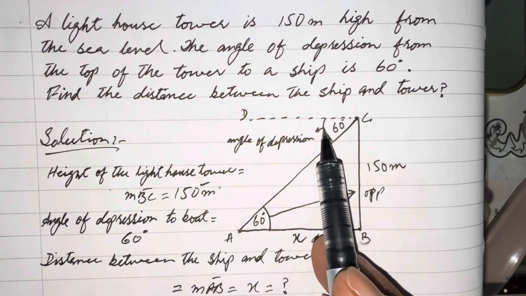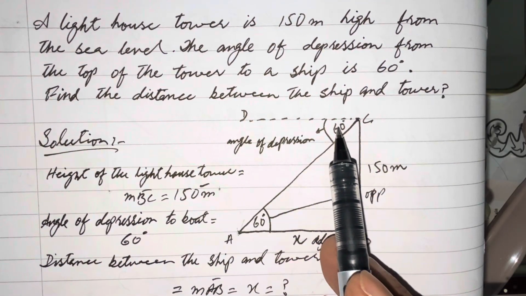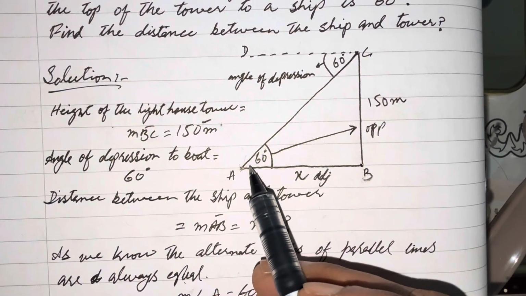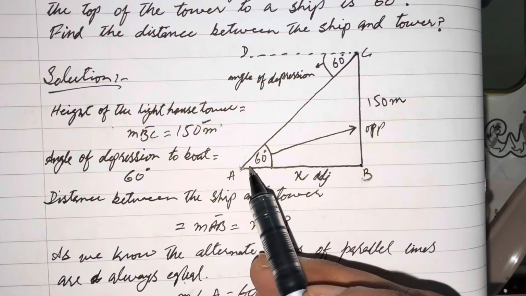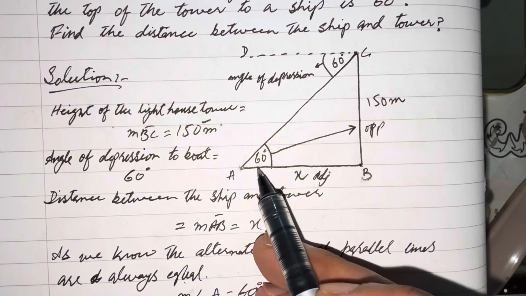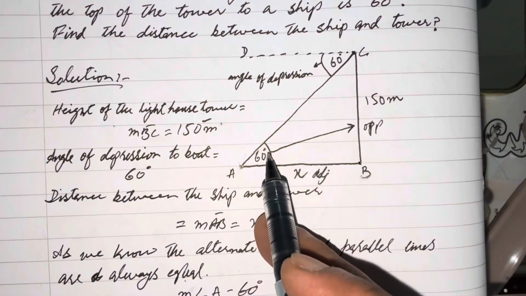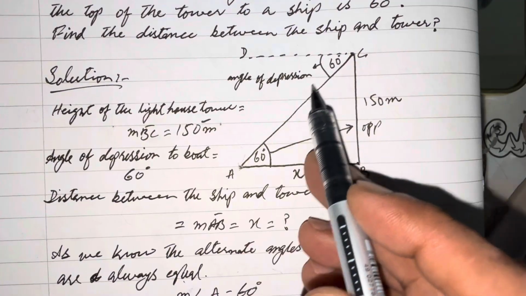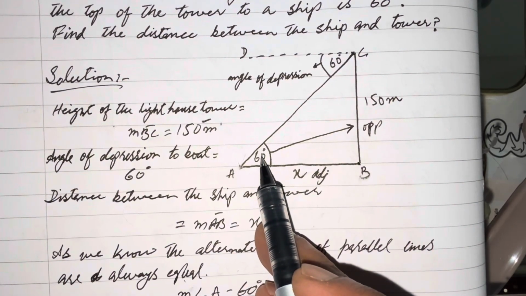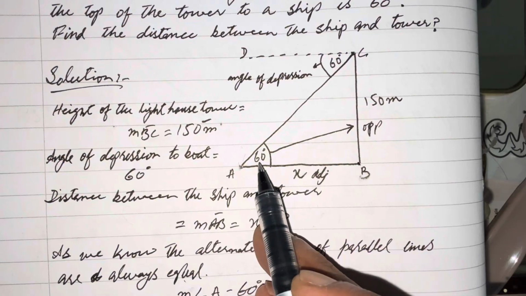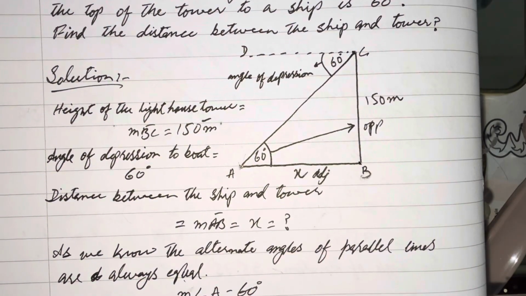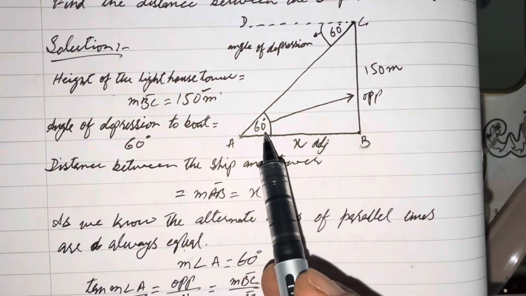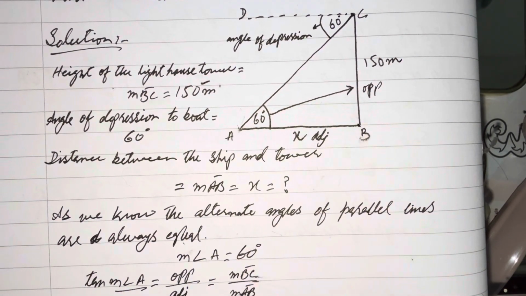If this angle of depression is 60, then the interior angle of the right angle triangle is also 60, because angles on parallel lines are called alternate angles, and alternate angles are always equal to each other.